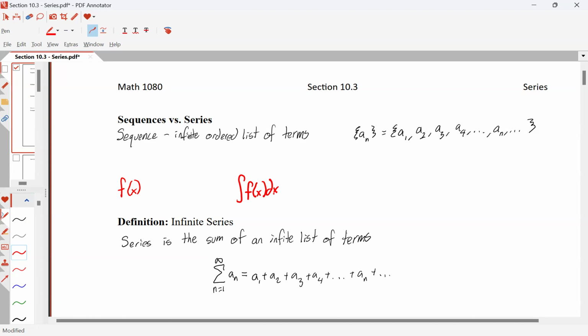The comparison between a function and an integral is very similar to the comparison between a sequence and a series. We really can't talk about the series without talking about the sequence, but they are different things. And we'll see some examples trying to piece together how they relate and how they are their distinct items. But relating back to something we've worked with, sequences and series, their difference is very similar to the difference between a function and its integral.